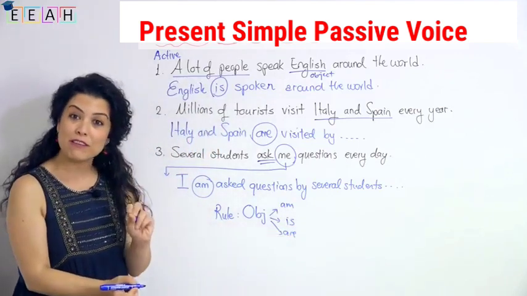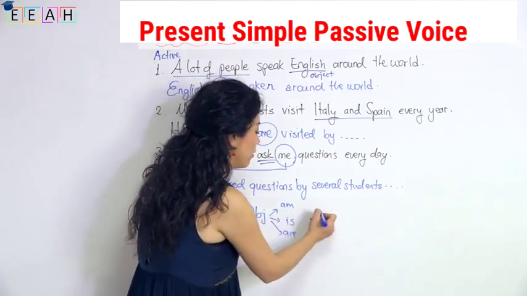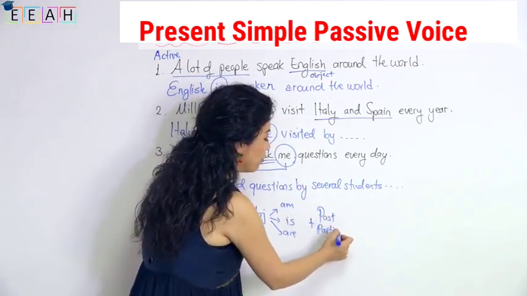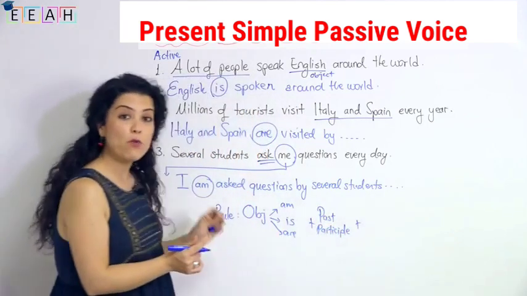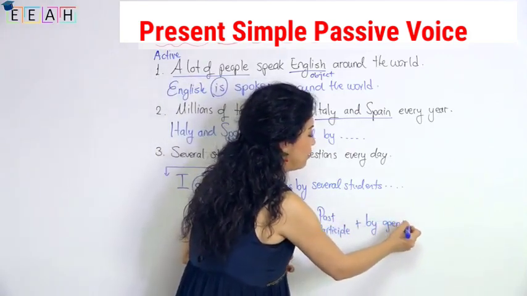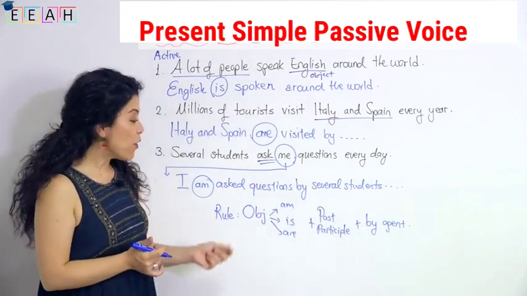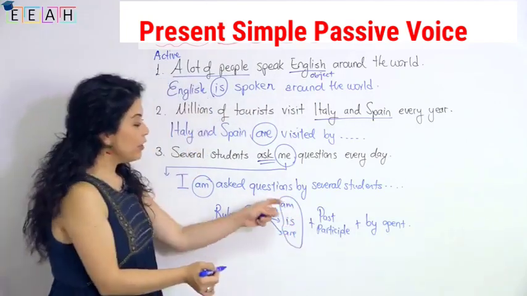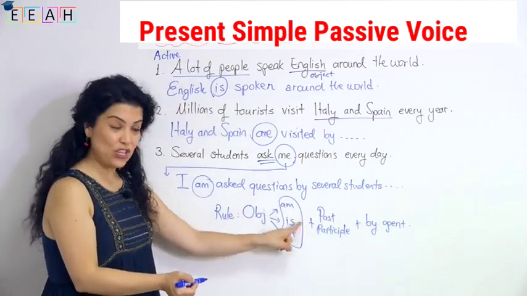Then you have the past participle form of the verb, as usual. Then what comes next? If I want to mention the person doing it, by and the agent. If I want to negate it, simply I say am not, isn't, or aren't.